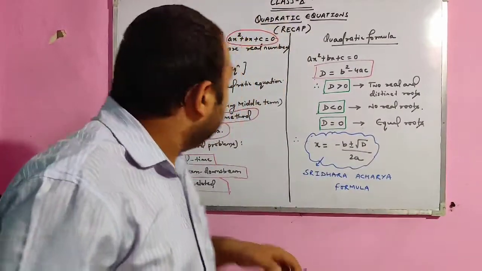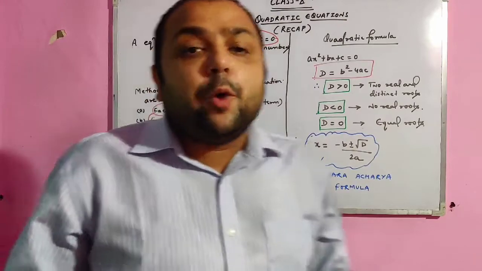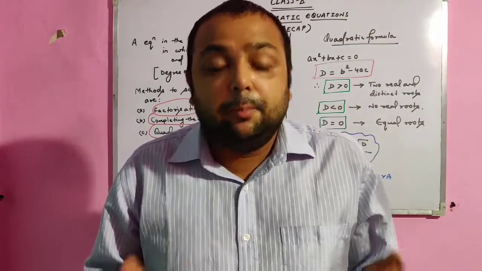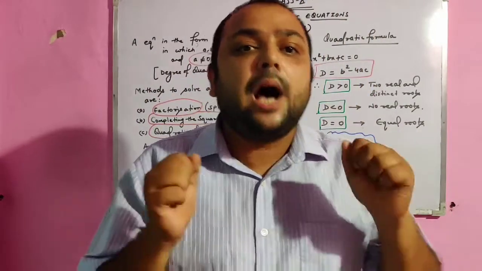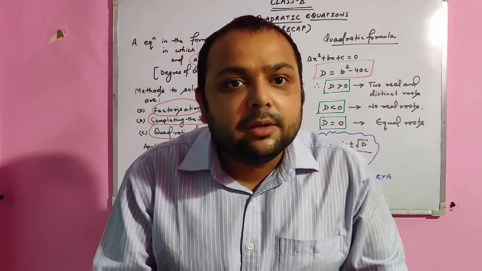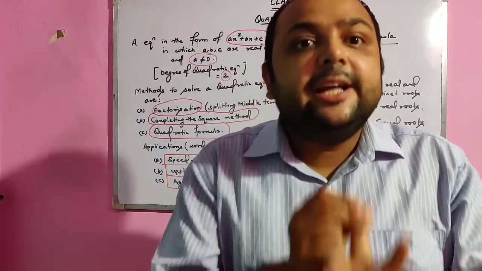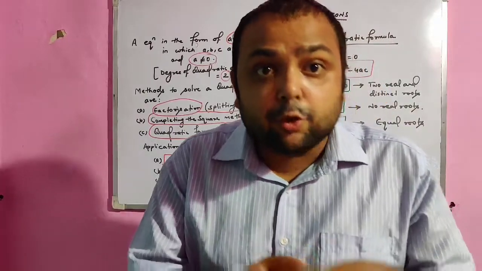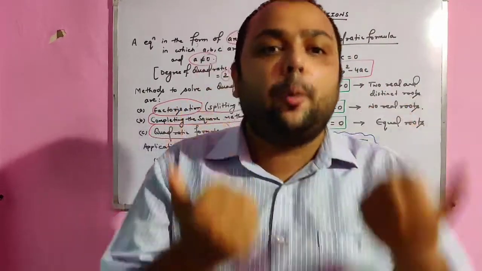Also we have studied application related problems in this chapter. The most important application related problems are speed time relation, then age relation, then upstream downstream relation. So we need to focus on these types of problems.